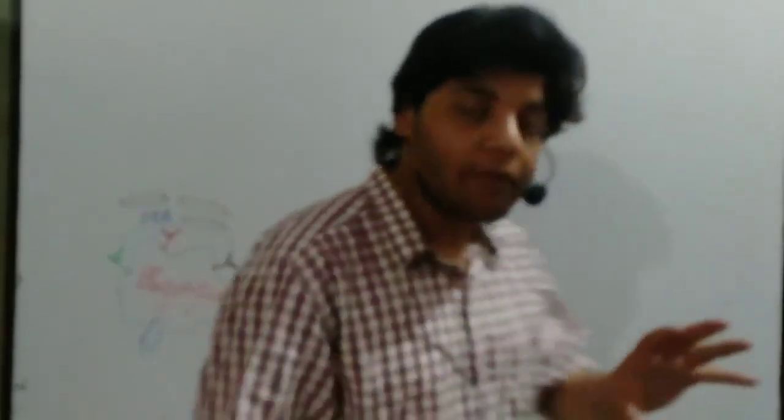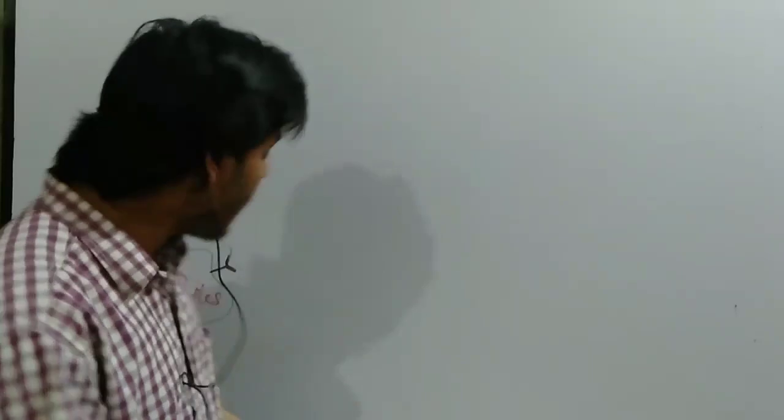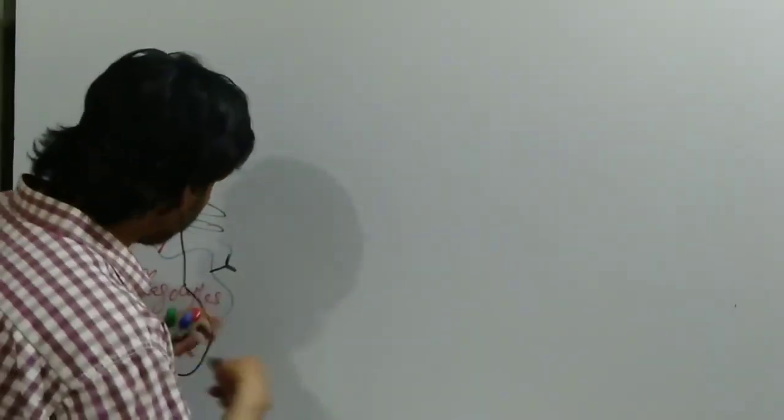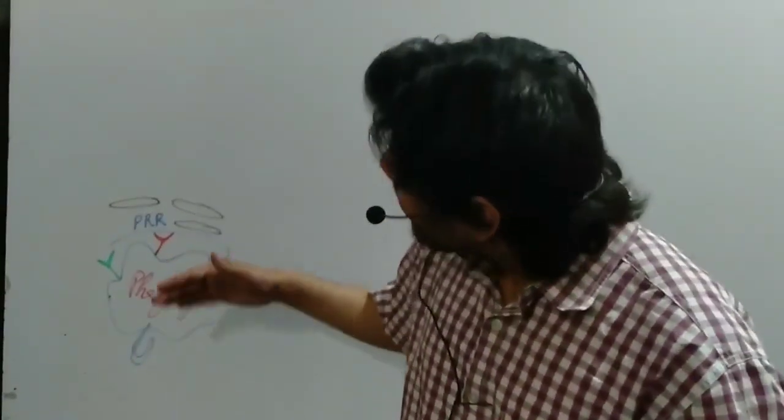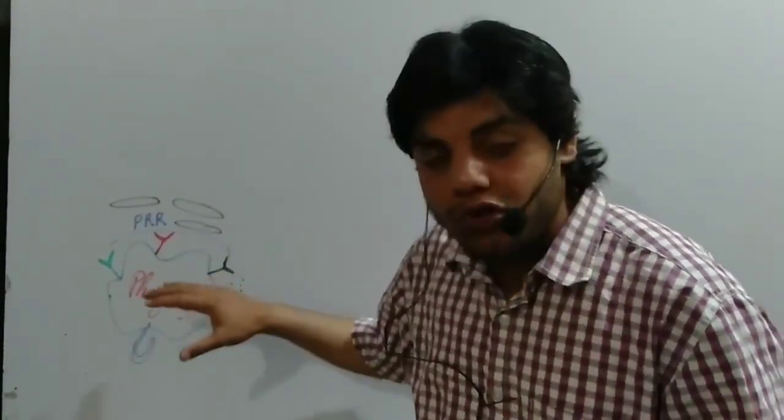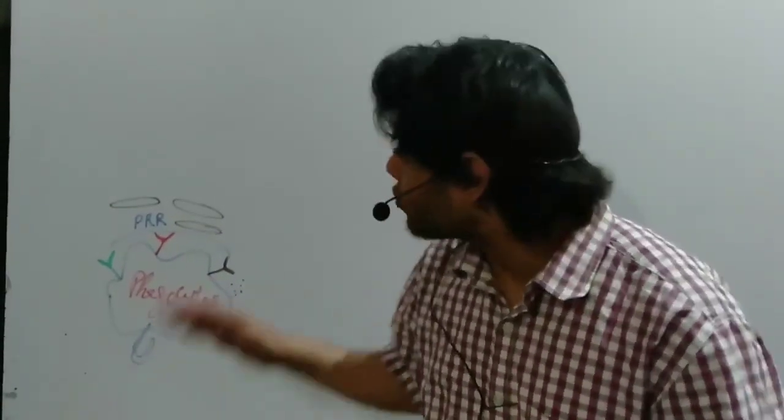But sometimes these cells don't have the ability to engulf this bacteria, because sometimes the bacteria have a capsule, or sometimes they don't have a capsule, but still the phagocytes cannot engulf it. After that, they will secrete some kinds of signals which we call chemokines. But if the immune cells or phagocytes have the ability to engulf these microorganisms, then they don't produce these chemokines.